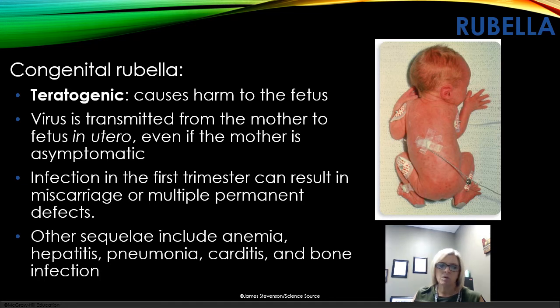And this is especially problematic in that first trimester. All right, so very, very important that pregnant women have had their MMR shot. Other consequences can be things like having anemia or hepatitis, pneumonia, carditis, and infections of the bones. So not good for babies.